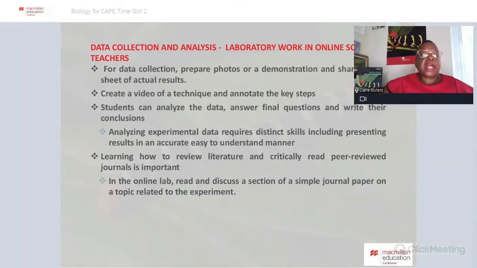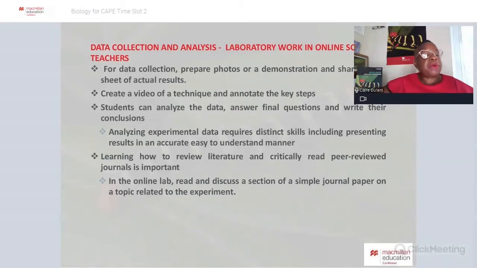So students can also analyze data and answer their questions using the worksheet. And we know analyzing data includes distinct skills that become easier the more you practice. So these are all important areas that we have to consider when we are trying to get students through in the online school. Learning how to review literature and critically read peer-reviewed journals is important.